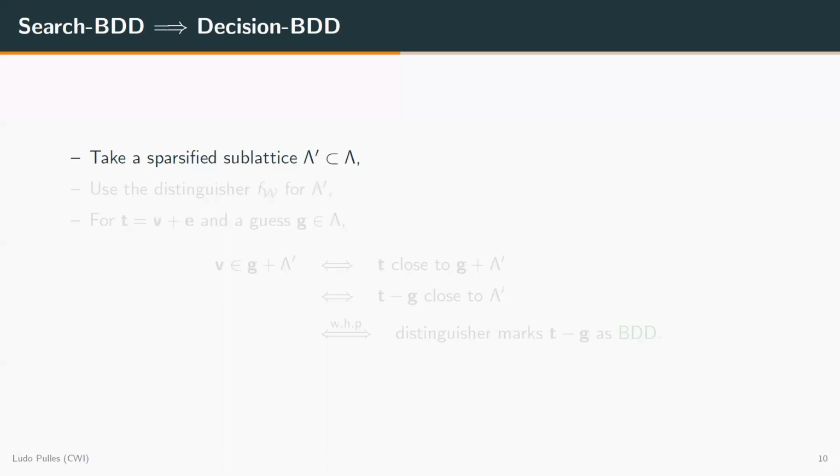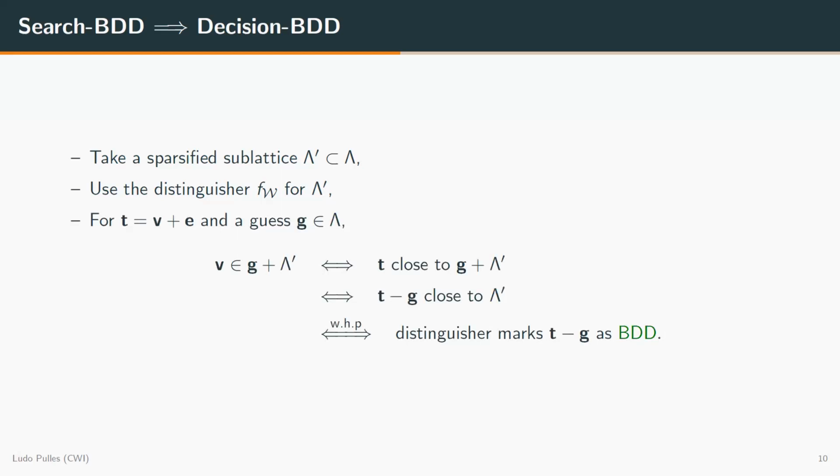So to use this decision BDD distinguisher, we take a sparsified sublattice, and then we use this distinguisher on this sparsified sublattice. How you can use this is by making a guess of where the original lattice point is, in which of the cosets of this sublattice. And if you make the right guess, then the difference of the target minus the guess is a BDD target in the sublattice.